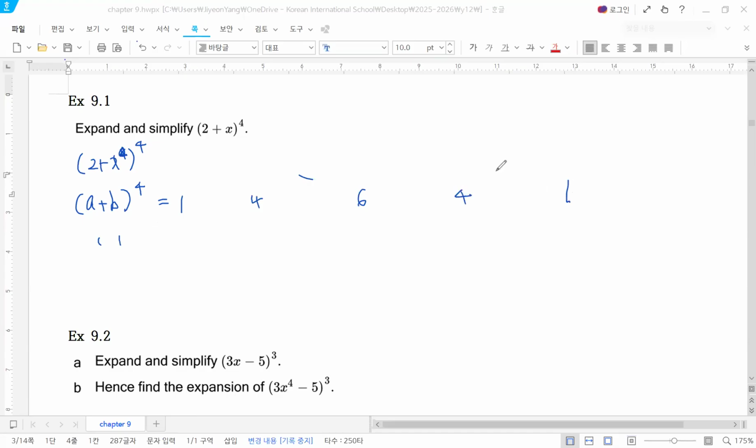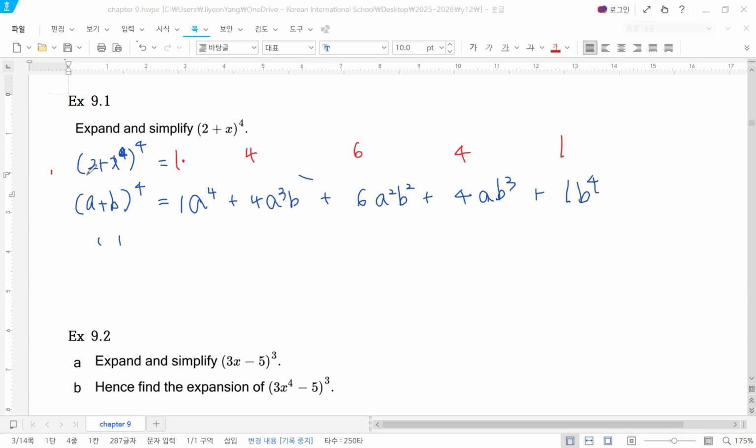You understand? So it's going to be a to the power of 4 plus a cubed b plus a squared b squared plus ab cubed plus b to the power of 4. Firstly, I want you to write down the coefficients first: 1, 4, 6, 4, and 1. Do you understand?